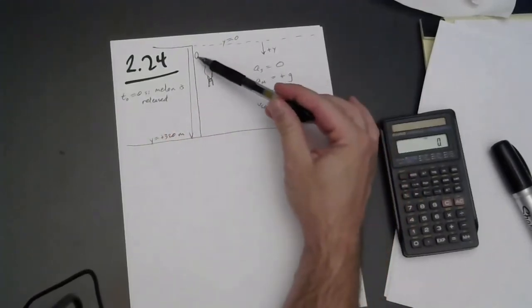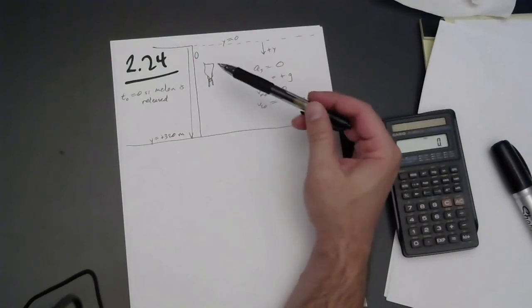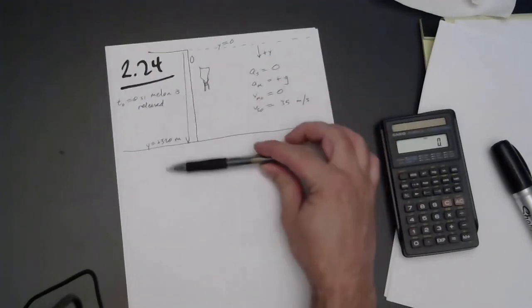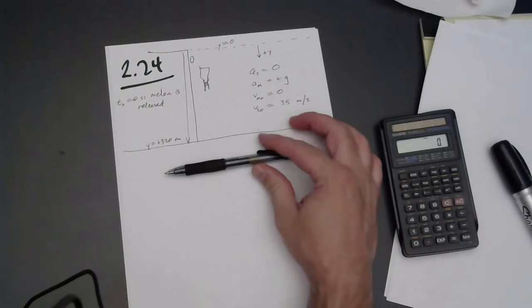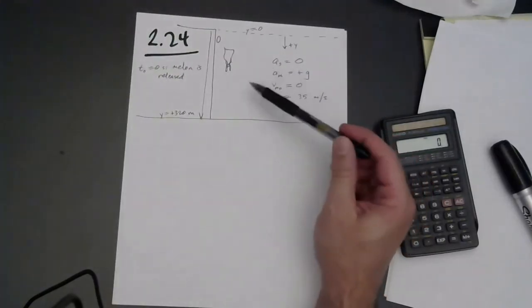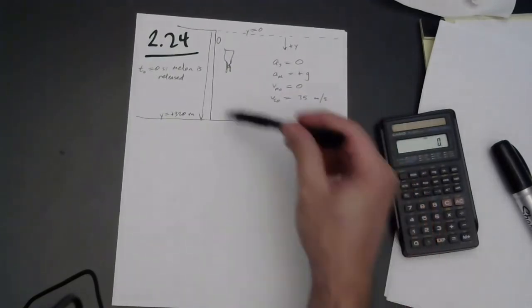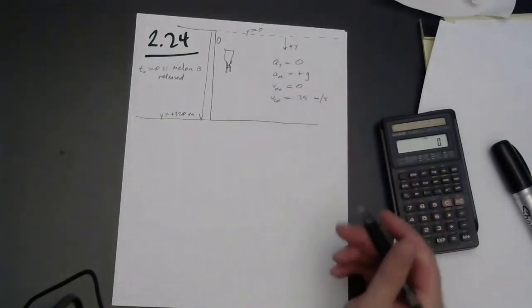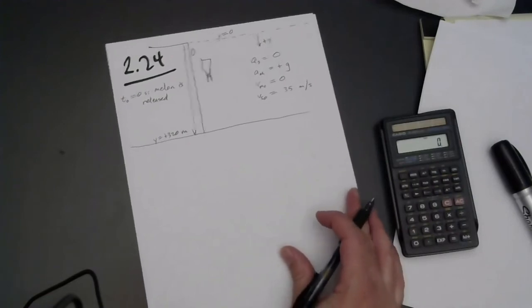If we find that the watermelon passes Superman at a coordinate of 330, that's below ground. That would imply that they both smashed into the pavement. So presumably, whoever wrote this problem picked the numbers so that they would catch up to each other before they get to a y coordinate of 320 meters.